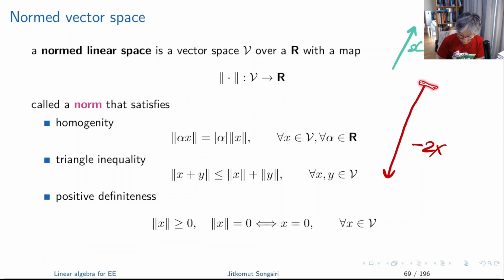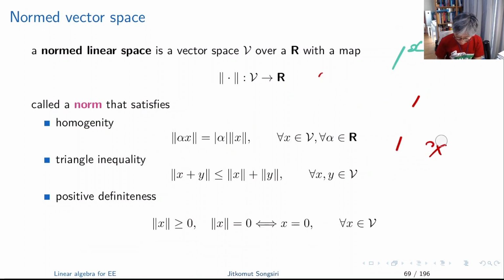They say that the length of the vector minus 2x should be 2 times the norm of x, which means that when the direction of x is flipped to the negative, it should not affect the size of that vector. All right, so this is the homogeneous property.